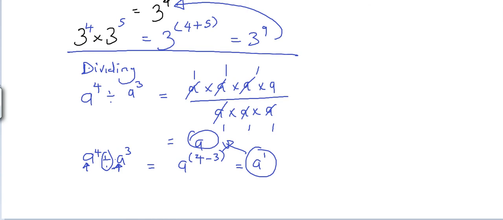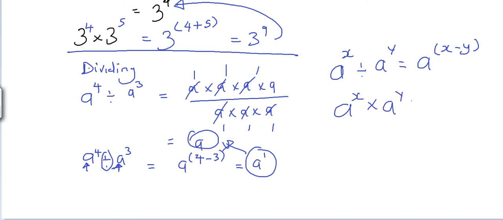It's that simple. So I can write this as a to the x divided by a to the y is always a to the bracket x minus y. And for multiplication, a to the x times a to the y, I simply do a to the bracket x plus y. Well, from the example you can see how easy this is to do.